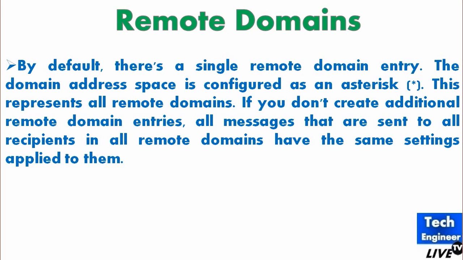But otherwise, the asterisk will work for every outside domain. If you don't create additional remote domain entries, all messages that are sent to all recipients in all remote domains have the same settings applied to them.